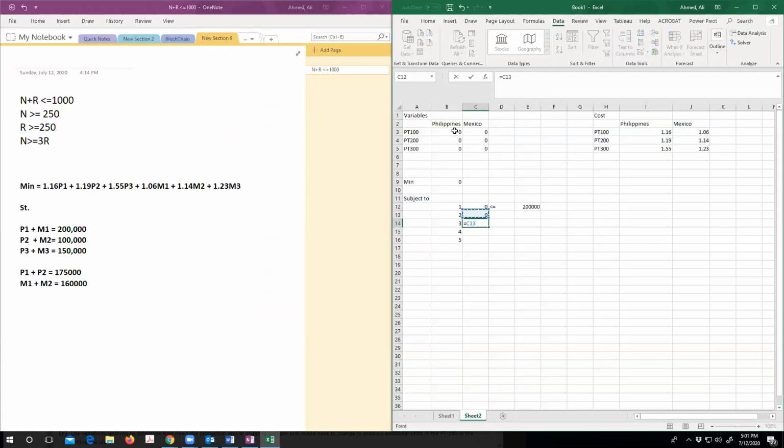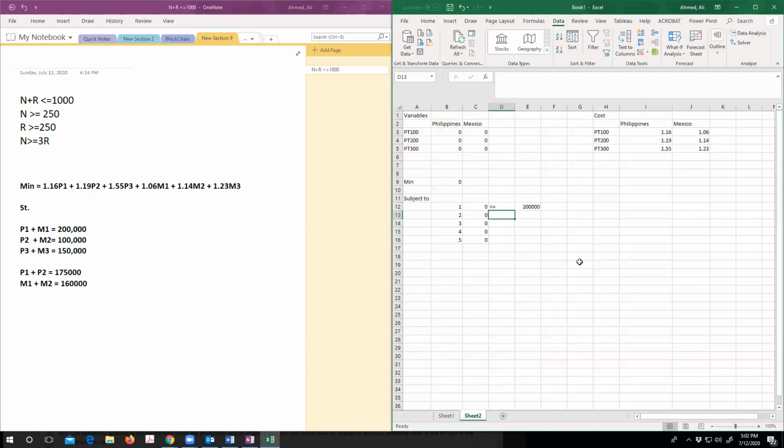Yep, so it's pretty straightforward. Then another constraint is P1, which is this one, plus P2, which is this cell. And the last constraint is M1, which is this, and M2, which is this cell.